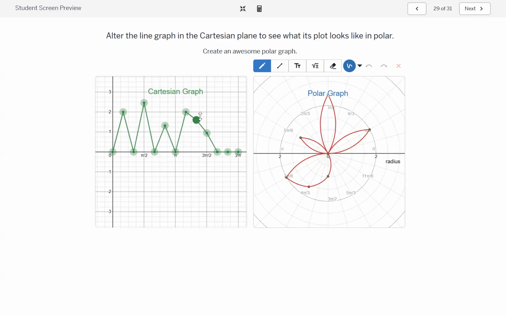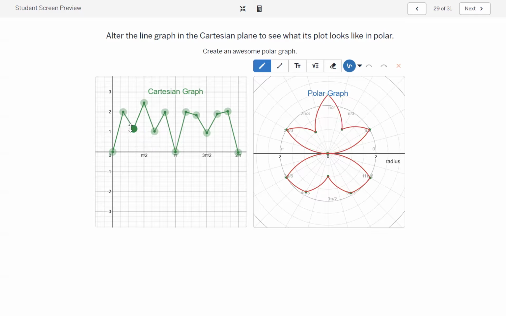So I'm just kind of picking every other one, but I could, I don't know, do a weird shape like that. But it just lets you see if you set the values, what does it do to the shape?